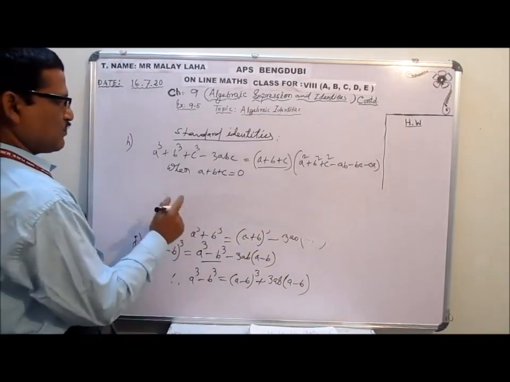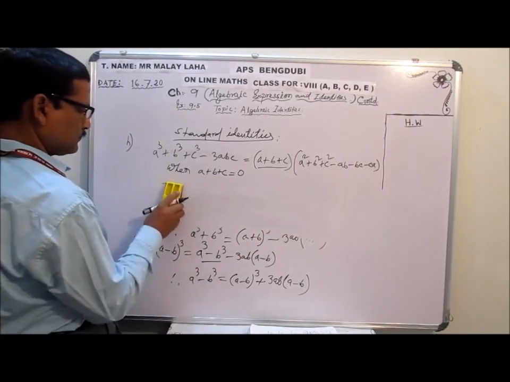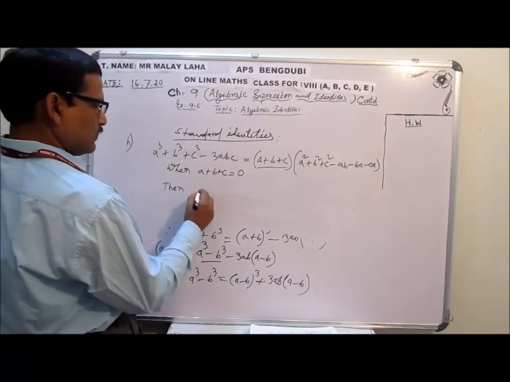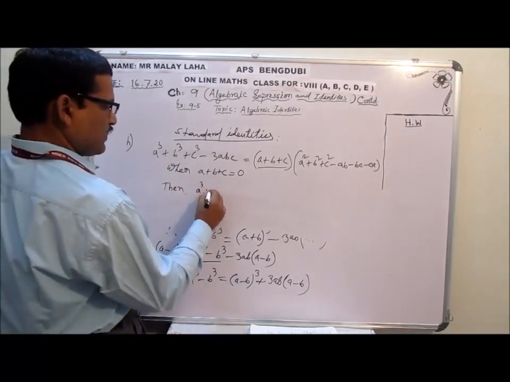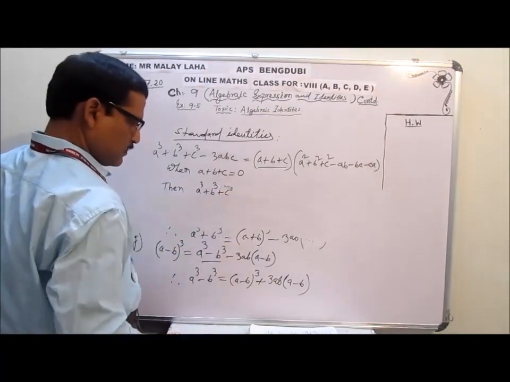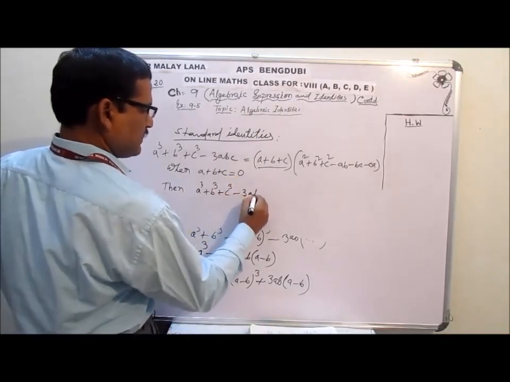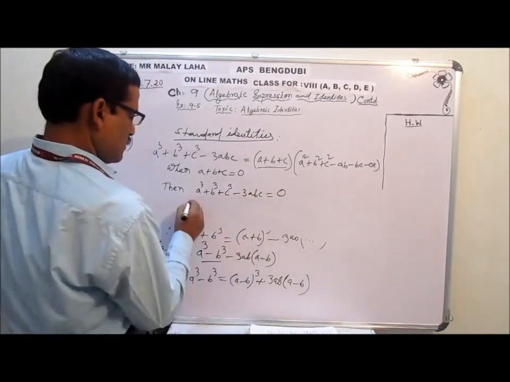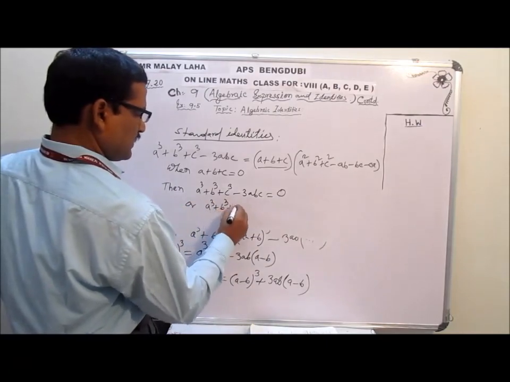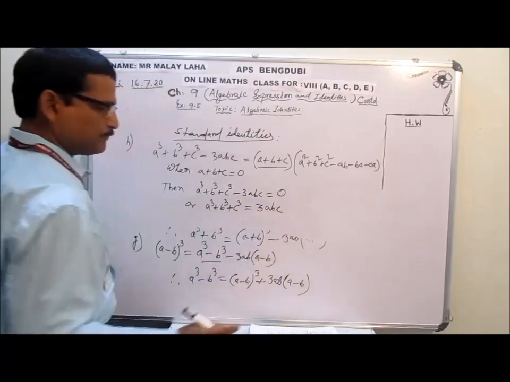When a plus b plus c equals 0, then a cube plus b cube plus c cube minus 3abc equals 0, or a cube plus b cube plus c cube equals 3abc.